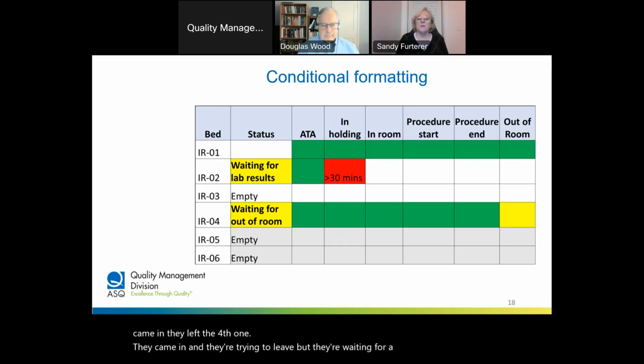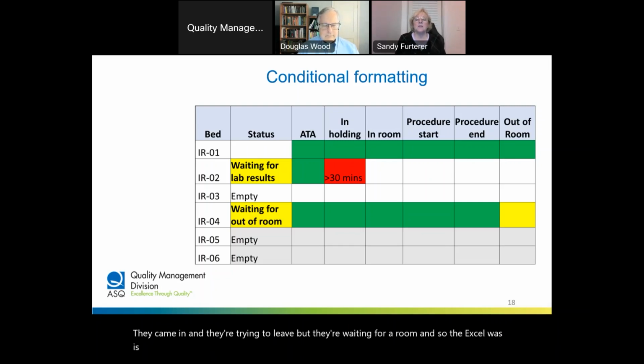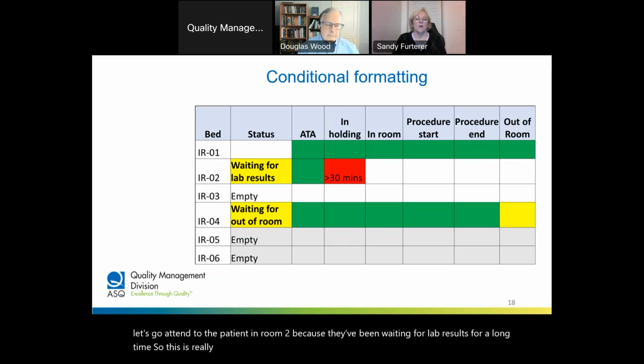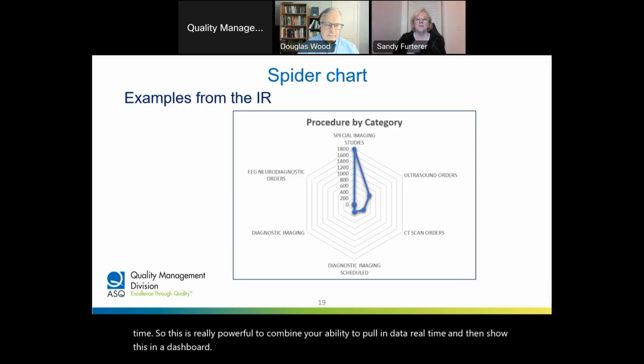So Excel is able to visualize this through a dashboard that everybody can look at and say, hey, let's go attend to the patient in room 2 because they've been waiting for lab results for a long time. So this is really powerful, to combine your ability to pull in data in real time and then show it in a dashboard. So Doug, would you like to jump in with the spider chart?